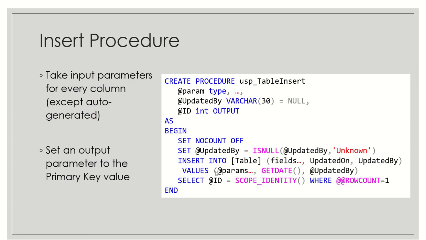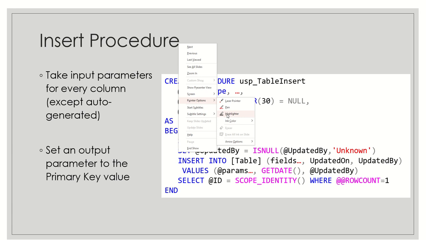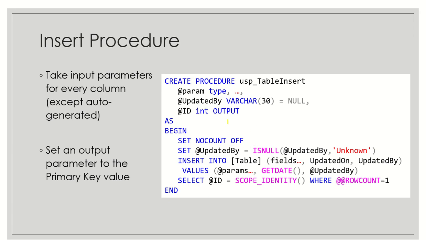Now the one on the slide includes those audit fields. Typically, if you had auditing fields, updated by and updated on, you would set updated by to null as a default, and then in the procedure code, we would set it based on the logged in user.